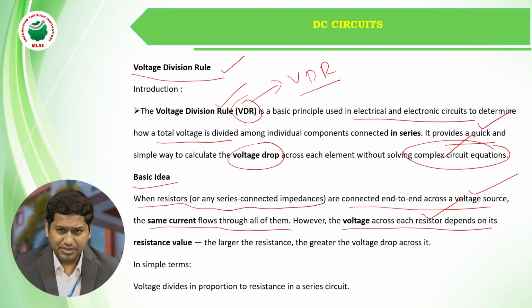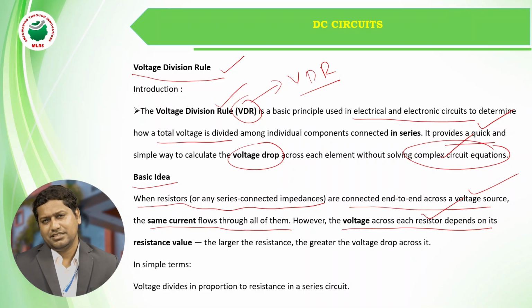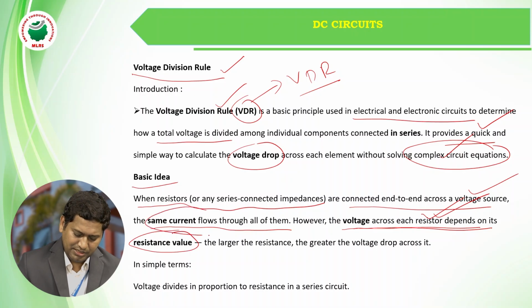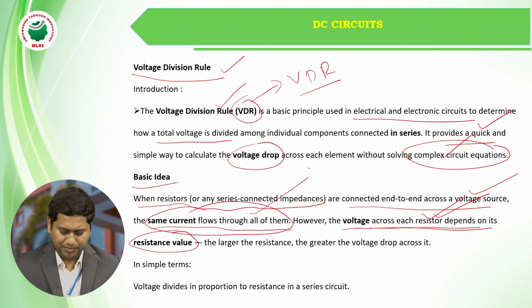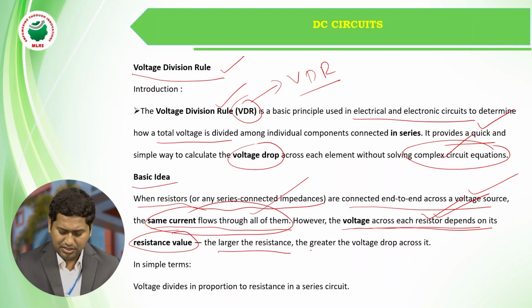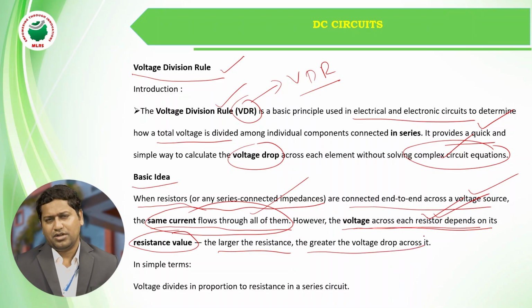As we know, in series the current will be the same, and the voltage gets divided based upon the resistor value. The larger the resistance, the larger the voltage drop.